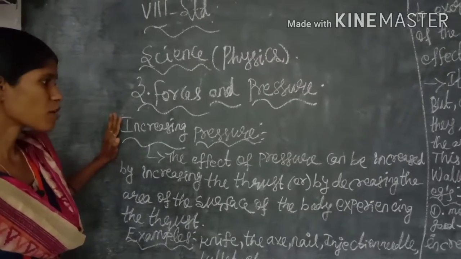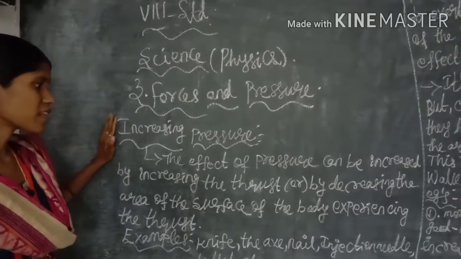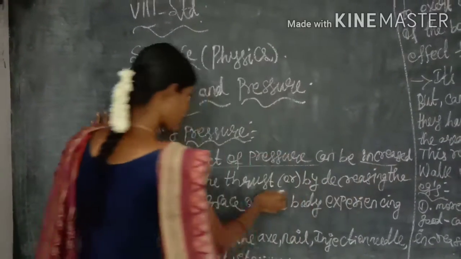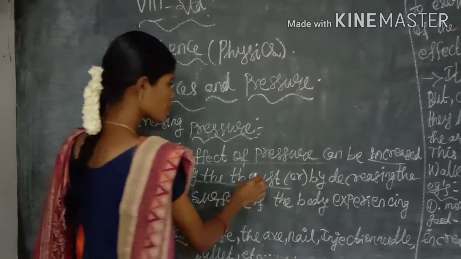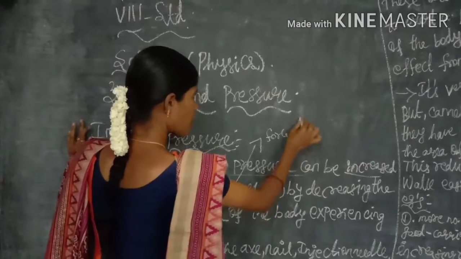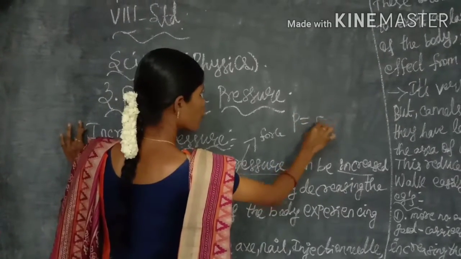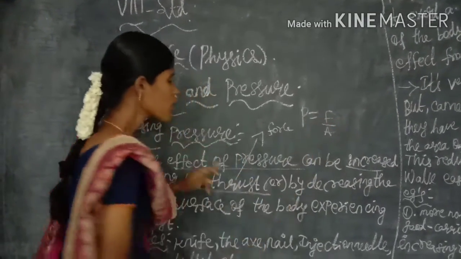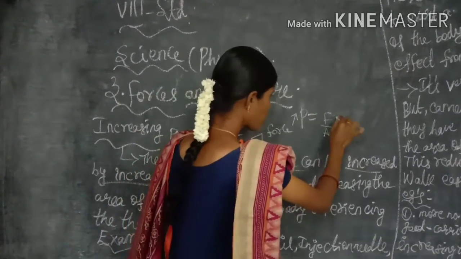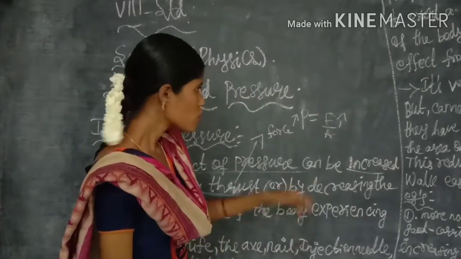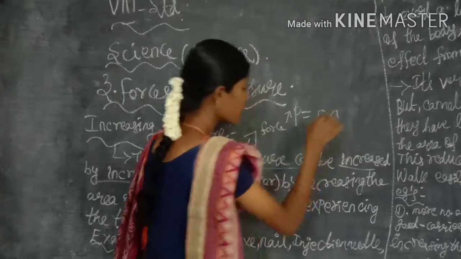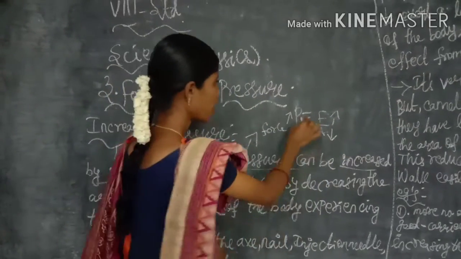The effect of pressure can be increased by increasing the thrust. Thrust refers to the force. We already know the formula for pressure: P is equal to force by unit area. To increase the pressure, we have to increase the force and decrease the area, because these two terms are cross terms.